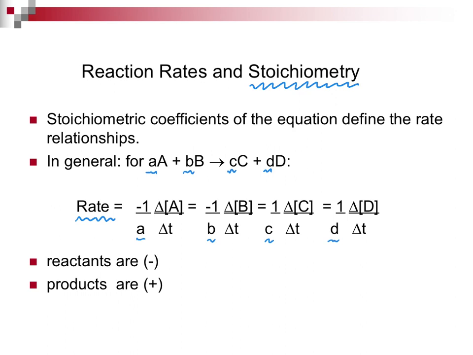Oh, students really struggle with this. I am not even going to sugarcoat it. If I have a reactant like A or B, notice there is a negative sign because reactants are disappearing. If I have a product like C or D, notice there is a positive sign because products are appearing.